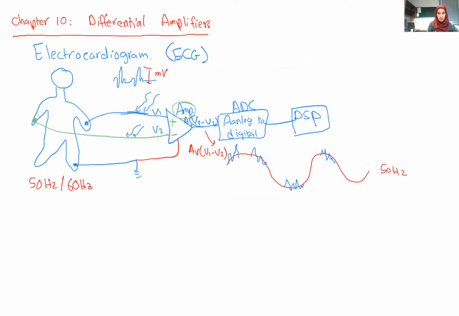Inside, we will have a differential amplifier that is going to amplify the difference between those. It's a single line, but we can have two lines, V out 1 and V out 2. We'll discuss that in detail, but the main thing you need to know is that the differential amplifier amplifies the difference between the two input signals, V1 and V2.